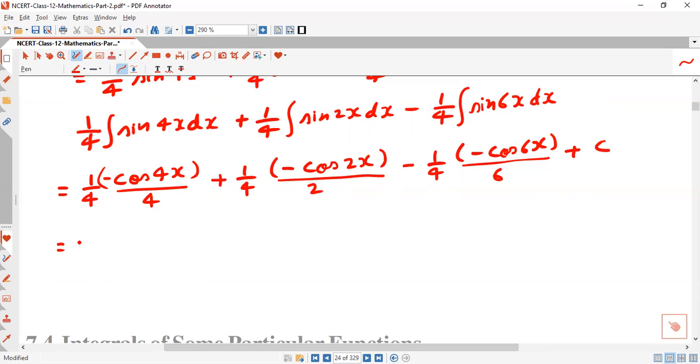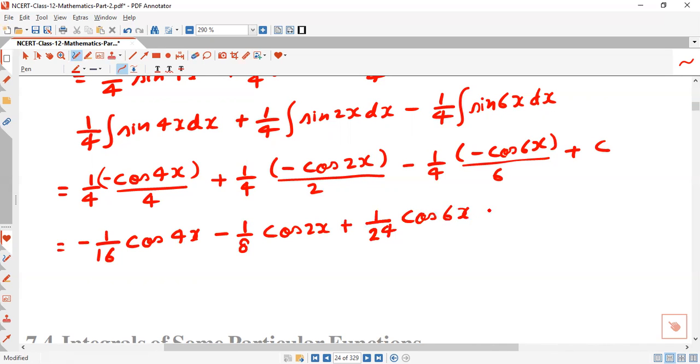So now here comes out minus 1 by 16 cos 4x, minus 1 by 8 cos 2x, plus 6 into 4, 24, cos 6x plus c. And this will be the answer of this question.